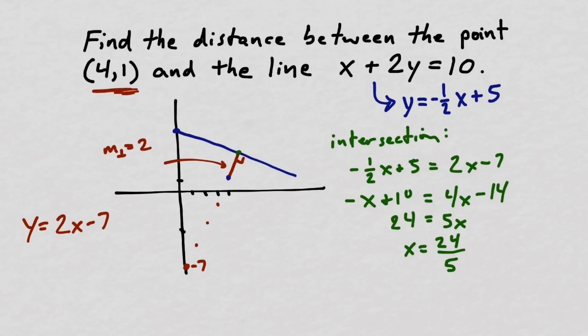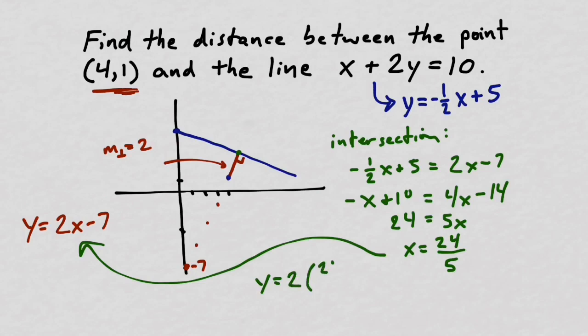And then to find the y value, I can plug this into one of our equations and see that y is going to equal 2 times 24 over 5 minus 7. Well, 2 times 24 over 5 is 48 over 5. 7 is the same as 35 over 5.